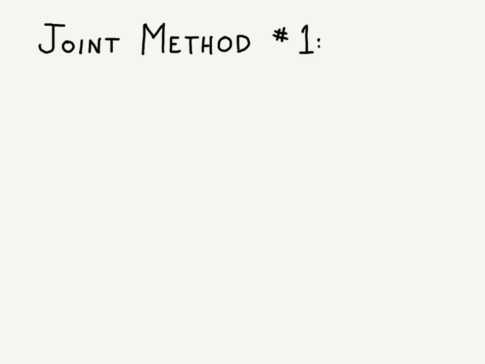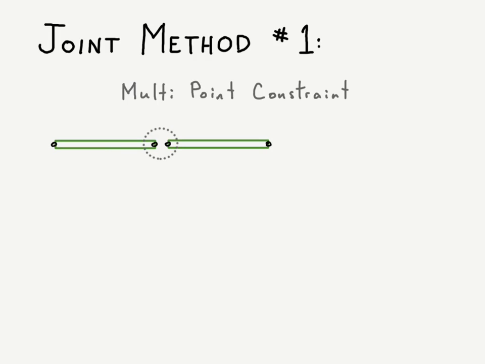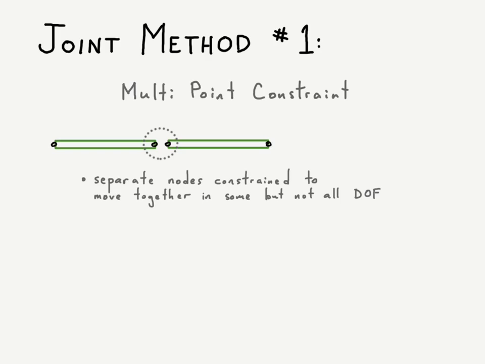Now, this isn't an end release. This would be creating something called an MPC, or a multi-point constraint, which is where we have two elements that usually share coincident nodes, but they are not the same node. And between those nodes, there is a constraint such that the movement of one of the nodes depends on the movement of another one of the nodes.